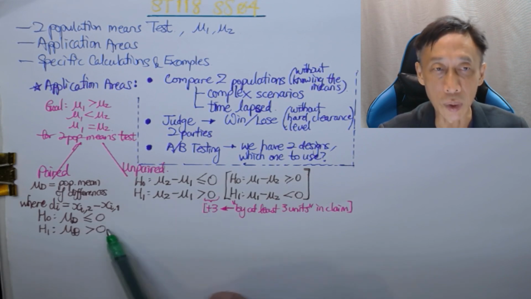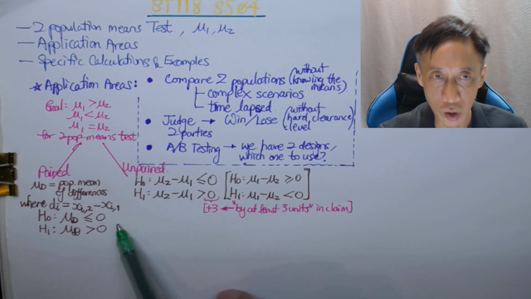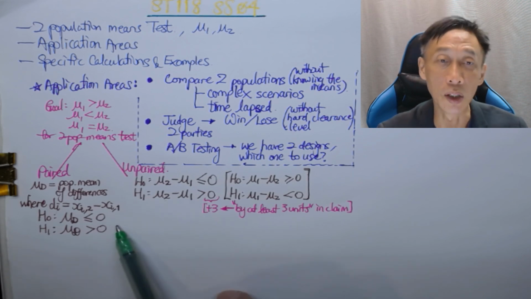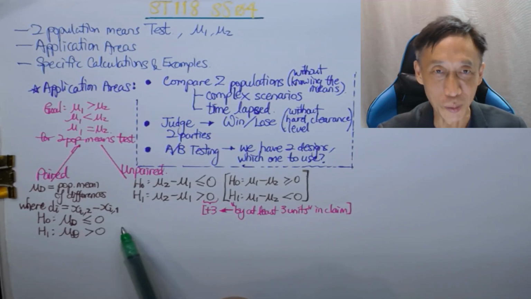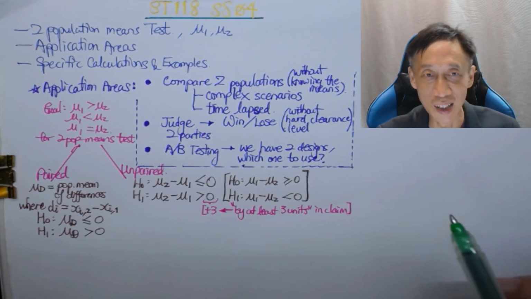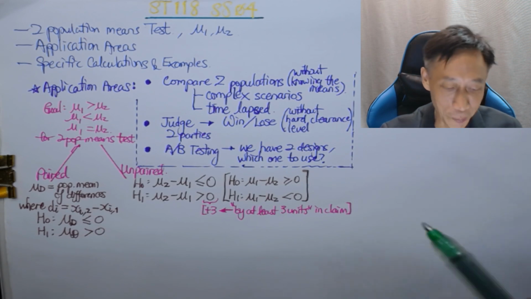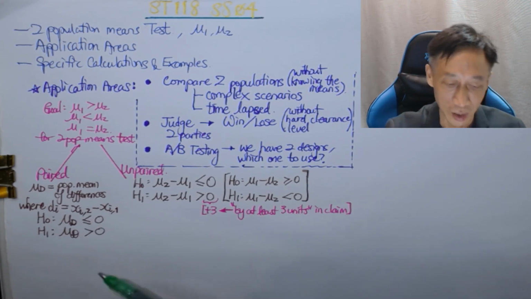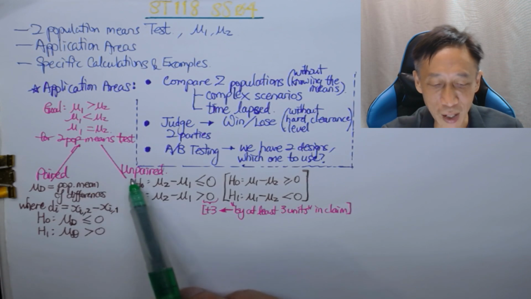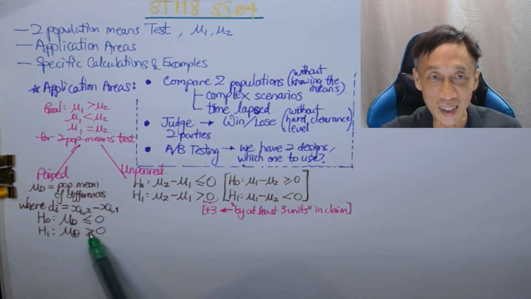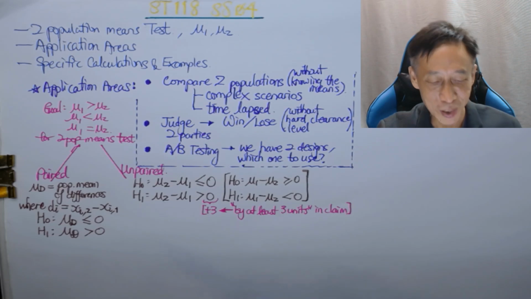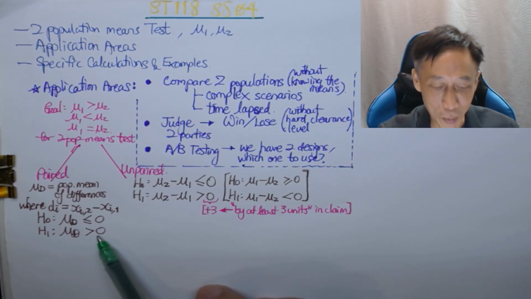If you write down the hypothesis with different structure, you can expect the sampling distribution to also be constructed in a slightly different way. The first way, without even knowing paired and unpaired, what's the difference, but by just looking at the hypothesis, and if you have studied well the previous videos, you know that this is just a one population means test.